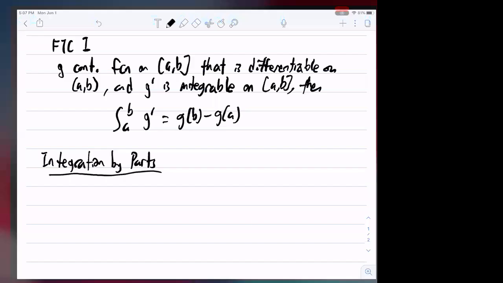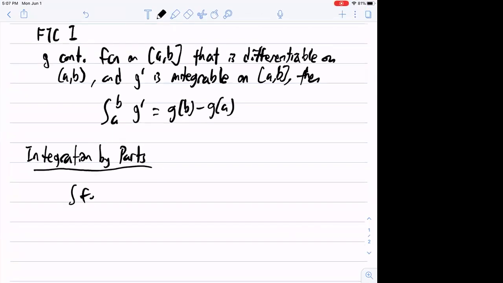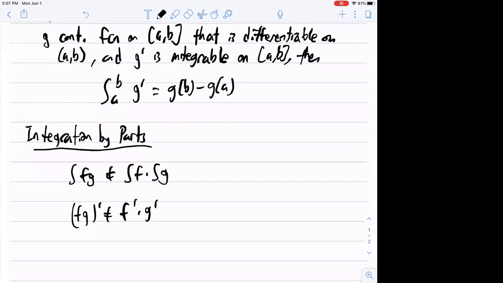It's based on the fact that the integral of fg is not the integral of f times the integral of g. If it were, we wouldn't need u-sub or anything; we'd just split everything up and integrate. The derivative is not that, so the antiderivative will not be that. This is sort of like the product rule for integration.